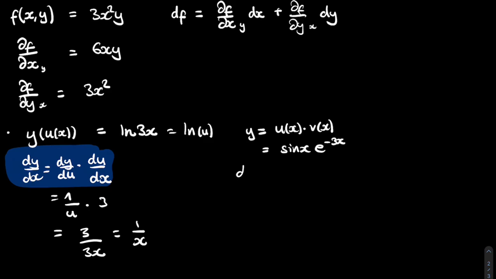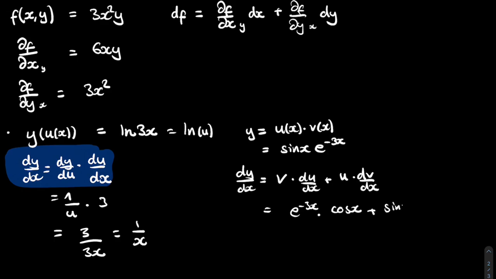Then the derivative of y with respect to x is equal to the second function times du by dx plus the first function times the derivative of the second function, which in this case is going to be e to the minus 3x times cos x plus u, which is sine x, times the derivative of the second function, which is minus 3e to the minus 3x.